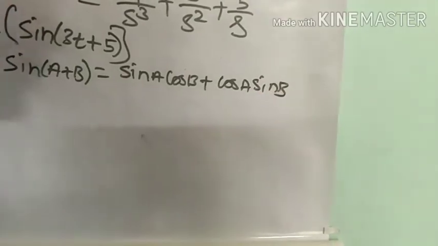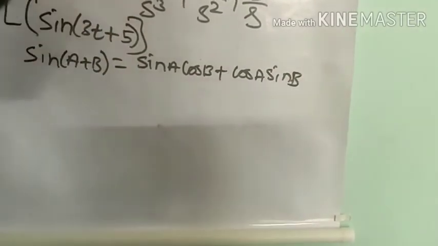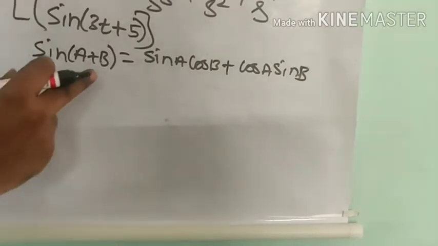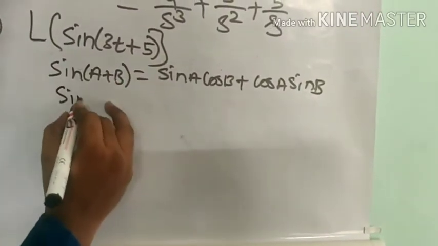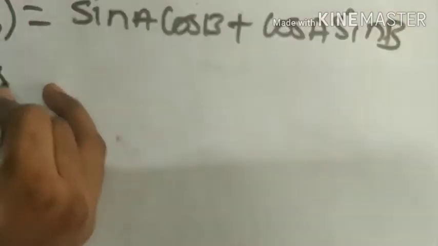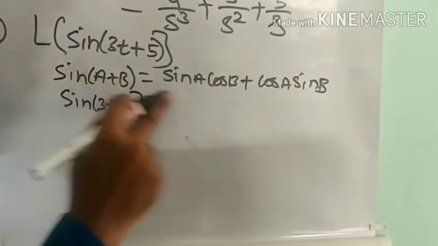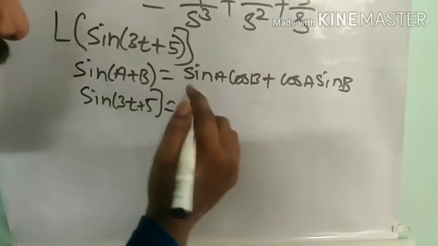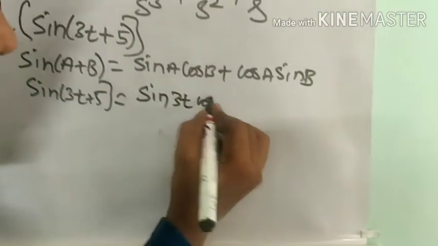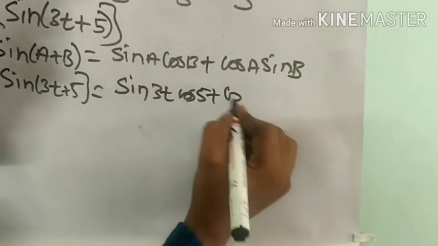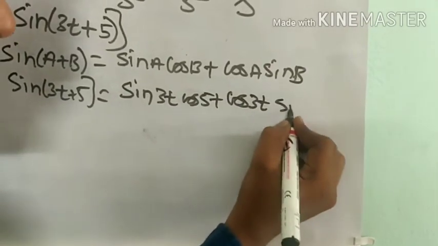Trigonometry is all very important, so go through those formulas. In place of a you write 3t and b you write 5. That is sin 3t cos 5 plus cos 3t sin 5.